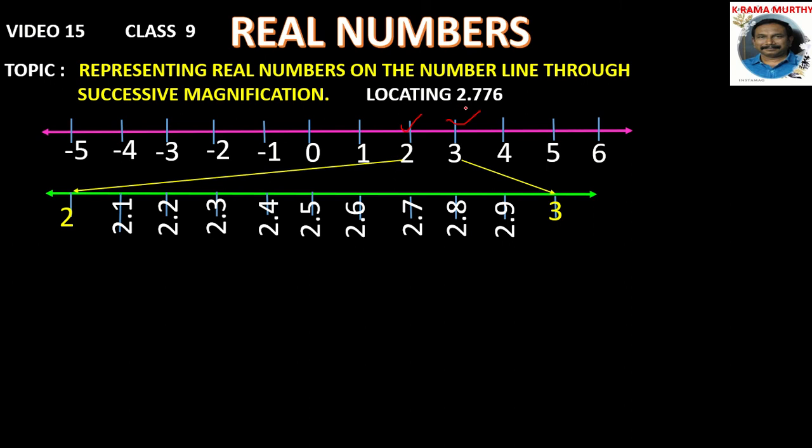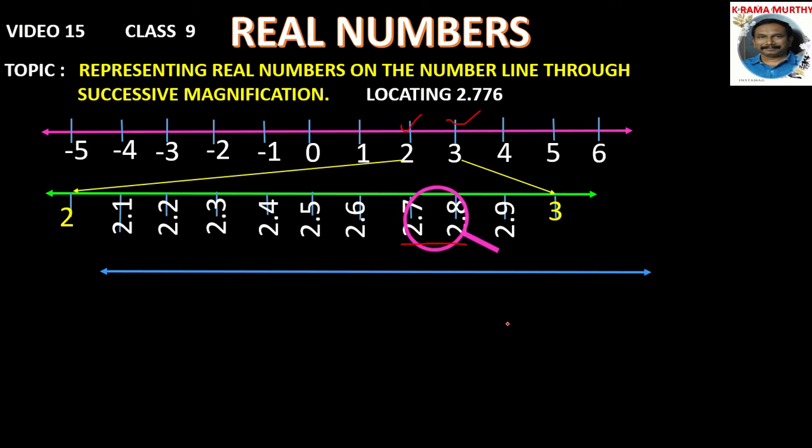Again we observe the given problem, it is 2.776, that means 2.7 followed by 7. So that is in between 2.7 and 2.8. So again magnify the space between 2.7 and 2.8, and here again we draw a line and magnify 2.7 and 2.8 like that.